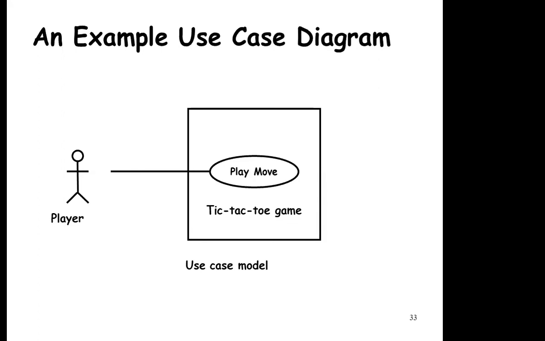That is the play move. This is through the ellipse, the interaction through the line. And what this system is, it is a tic-tac-toe game. So just see here, it is the abstraction. Only the external view has been shown. What is internal in the system is not shown in this diagram. Next.